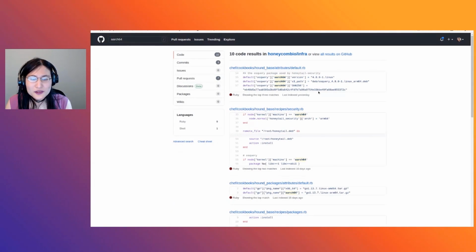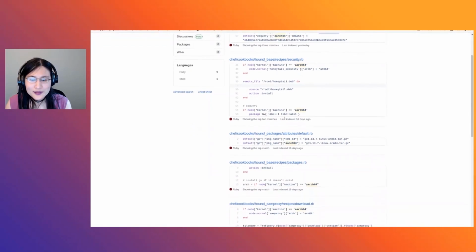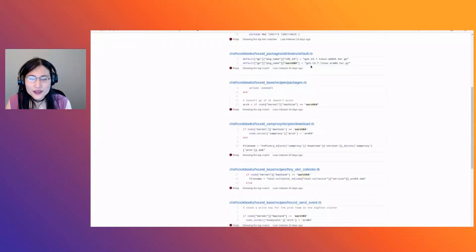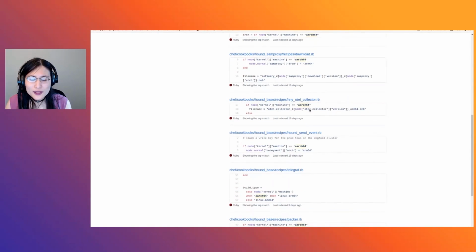So in terms of the base images, what we had to do was make sure that all of our dependencies, such as the OSQuery security auditing system, every dependency such as the Honeytail integration that writes log files into Honeycomb, things like making sure that we are installing the right version of the Go runtime libraries, as well as things like, hey, are we using all of the correct OpenTelemetry binaries?